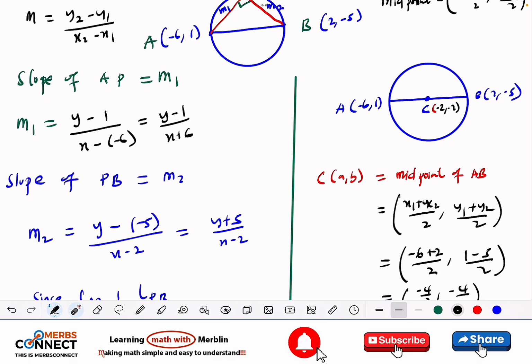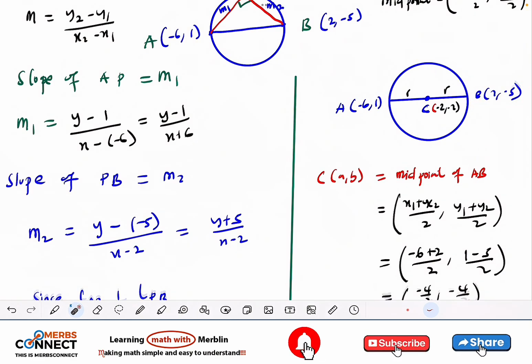So for us to form the equation of the circle, what we need now is a radius. And I said radius, we have two ways of doing it. Since this is the radius and this is the radius, you can use AC to find the distance to get the radius, or you find the distance between C and B to get the radius, or you pick the distance between A and B, but that one becomes the diameter, then you pick half of that.